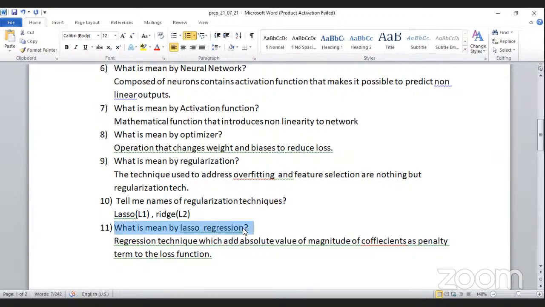So the next question is, what is meant by ridge regression?